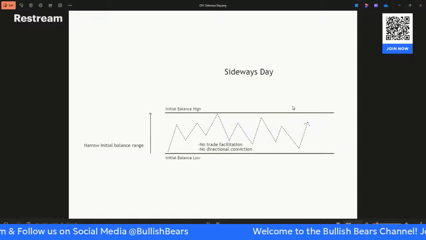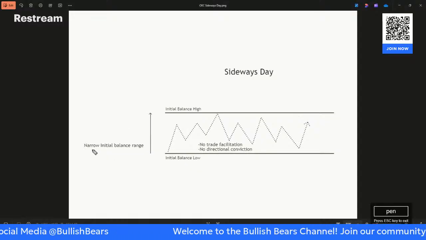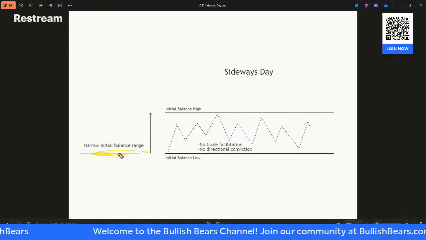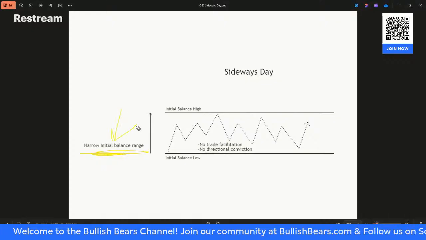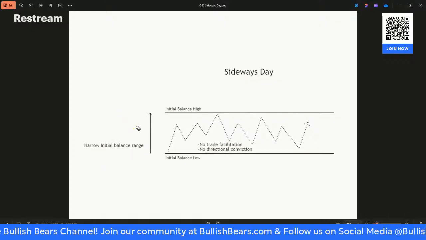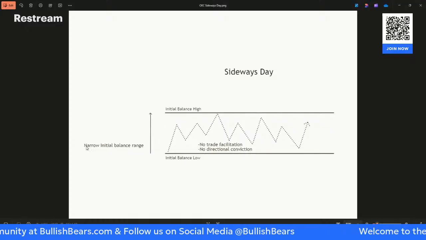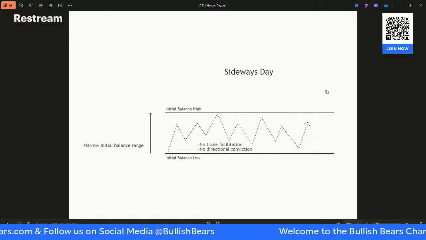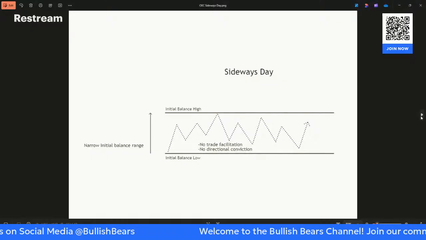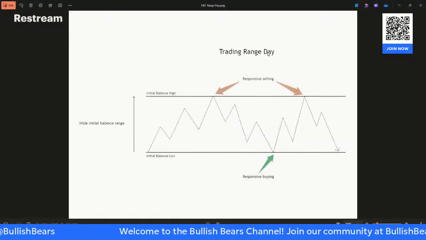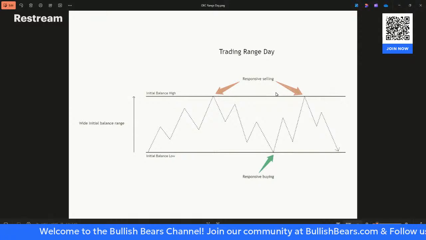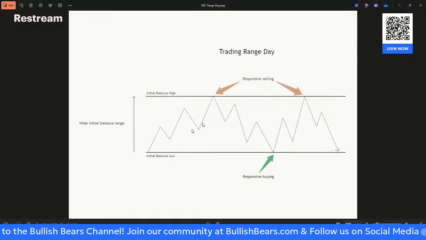Now, in every one of these, and you really need to read the book, it has the initial balance range on there. So it's not just what did the day look like, like where we started or whatever. It's also what was the initial balance range. So that's a sideways day. That's a trading range day. Range days and sideways days are two completely different kinds of days.